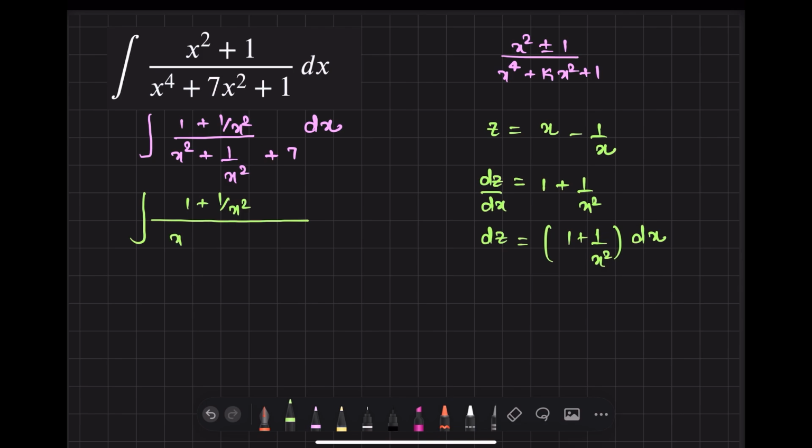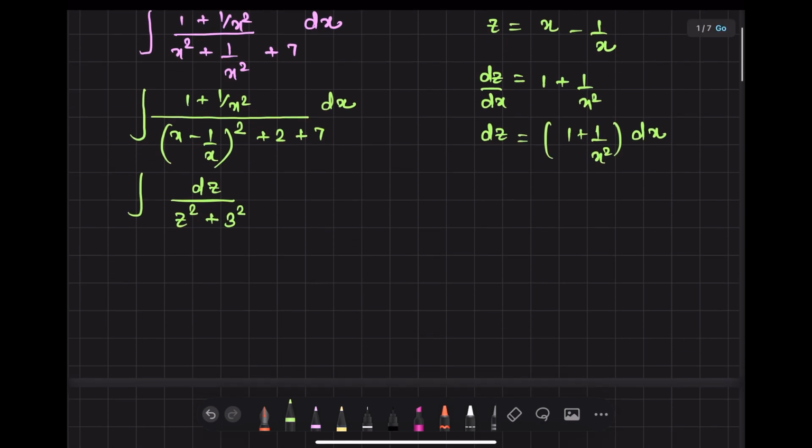So we will be writing x minus 1 by x whole square and then plus 2, so plus 2 plus 7 dx, correct? Now we will be applying the substitution. So the substitution gives dz by z square plus 3 square.